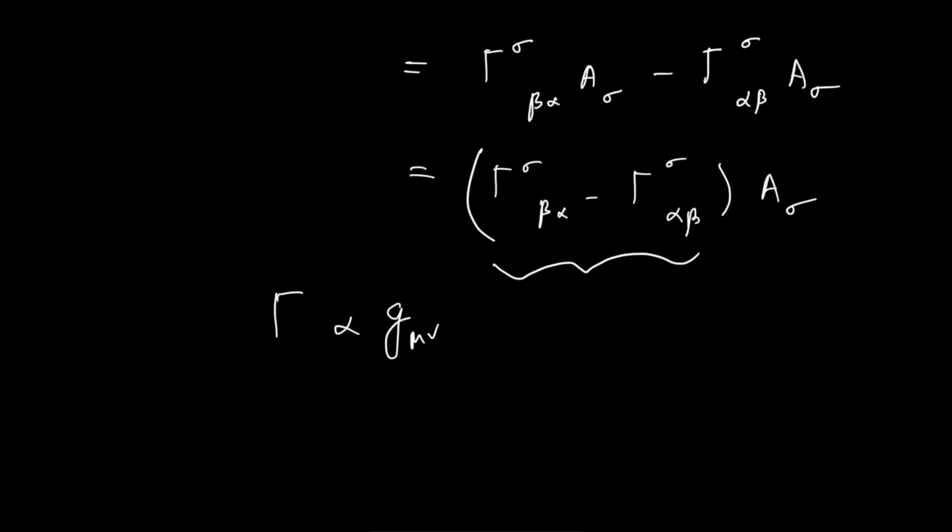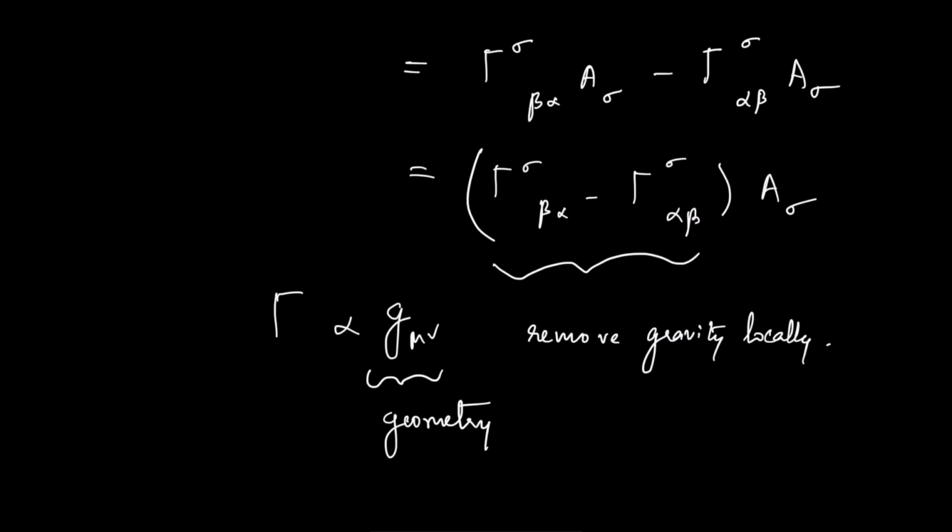So, in order to make it symmetric, the only way is to remove gravity locally. The fundamental metric tensor depends upon the geometry of space-time, which is in turn dependent on gravity.